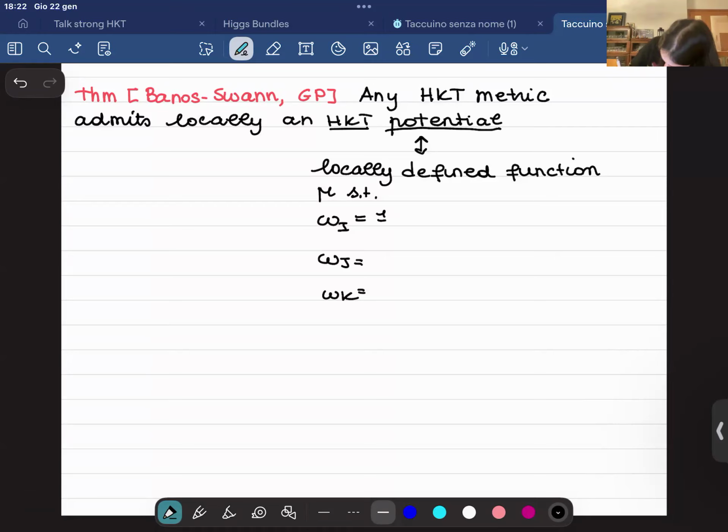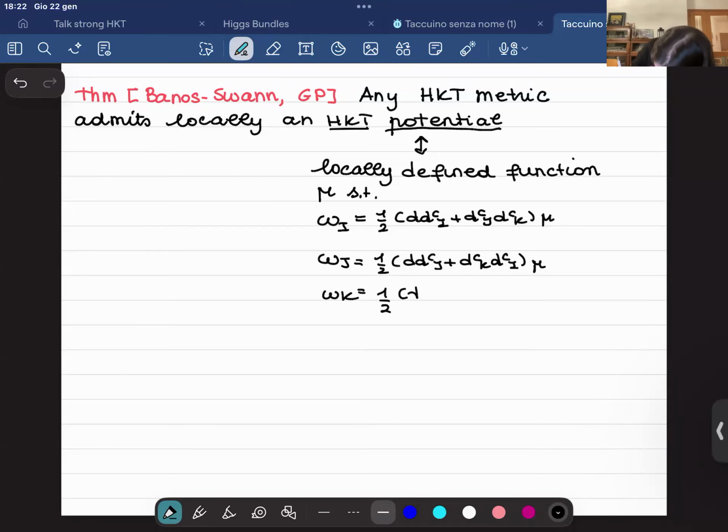And these are just omega I is 1/2 d(d^c_I + d^c_J d^c_K) mu. Omega J is 1/2 d(d^c_J + d^c_K d^c_I) mu. And omega K is 1/2 d(d^c_K + d^c_I d^c_J) mu. I can also write down the expression for the metric and the capital Omega, but it's a bit boring.